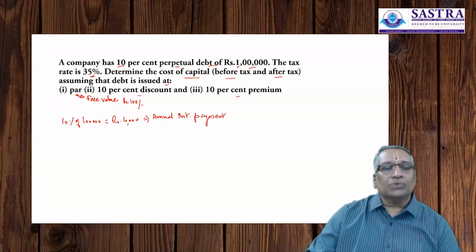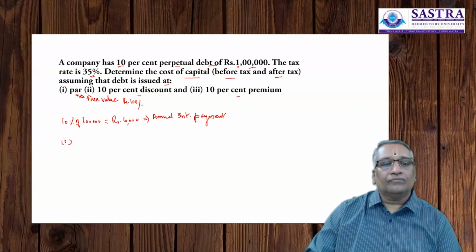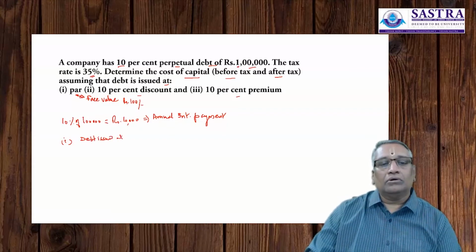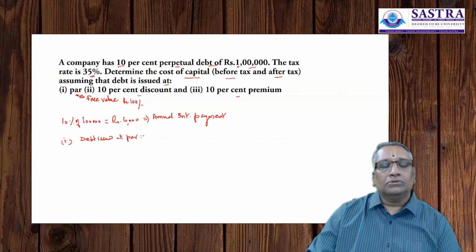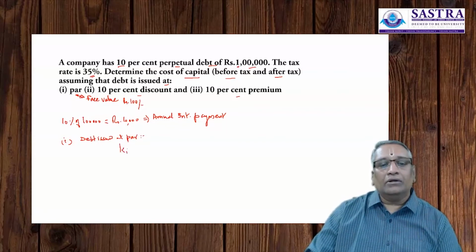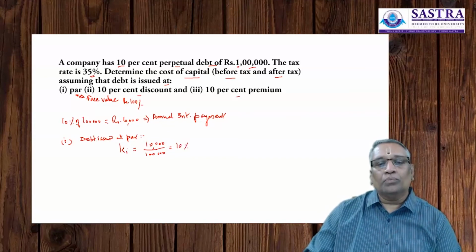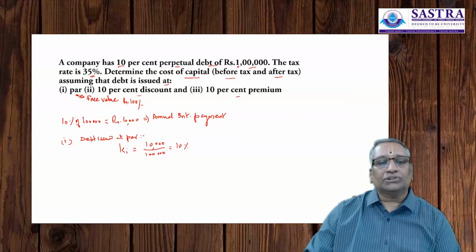So answering the first question, debt issued at par. So Ki is equal to 10,000 divided by 1 lakh, nothing but 10%. A coupon rate itself is the cost.